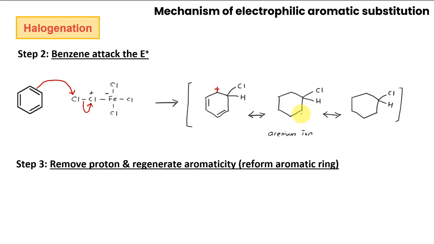All right, so once you form the first arenium ion, we are going to construct the resonance structures. The reason why resonance structures form for this arenium ion is because the pi bonds within this benzene ring are able to delocalize around. That means they are able to move around these six carbons. So let's look at the first double bond next to this carbocation.